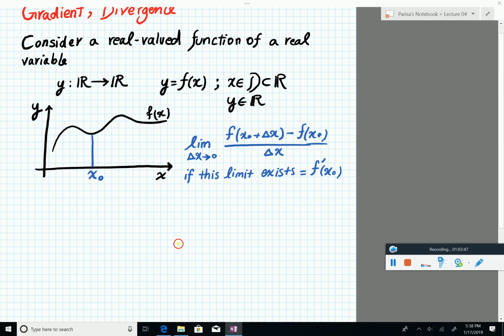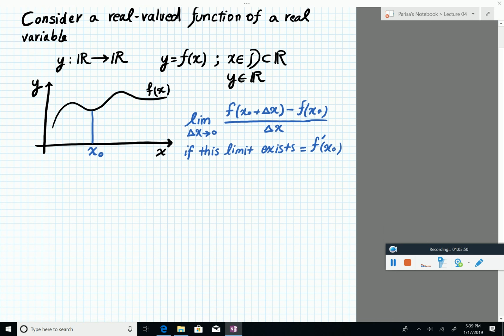It's not difficult, it's just that it's a little bit different from what you have seen for gradient and divergence before.